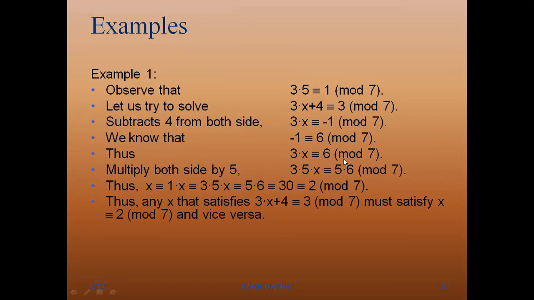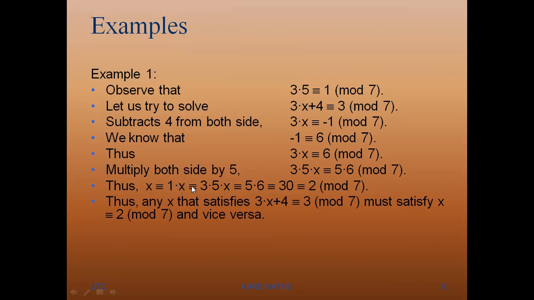Now, next step, just multiply by 5 on both sides. So 3 into 5 into x is equal to 5 into 6 mod 7. In this case, what do we have now? Thus, x congruent to 1x.